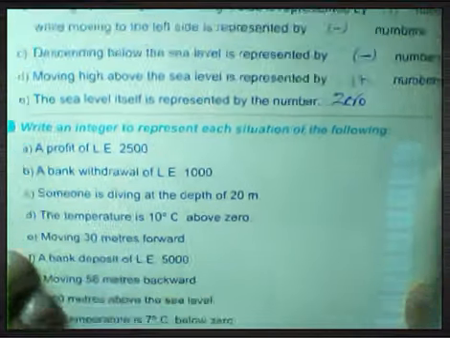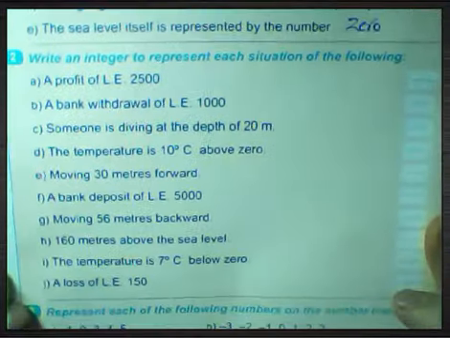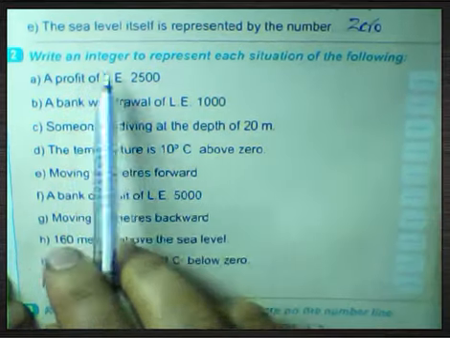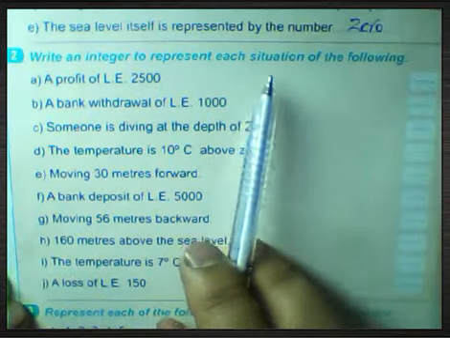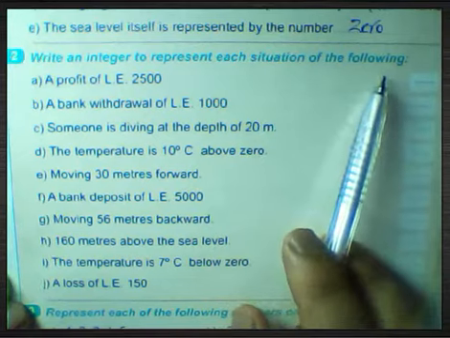Question number 2. Write an integer to represent each suitable situation of the following.